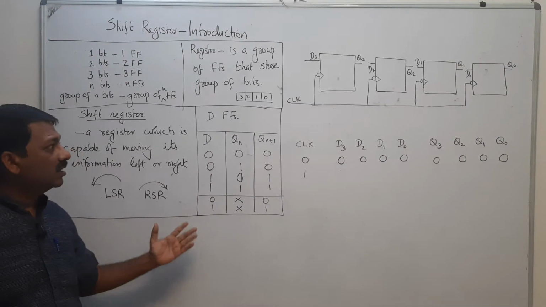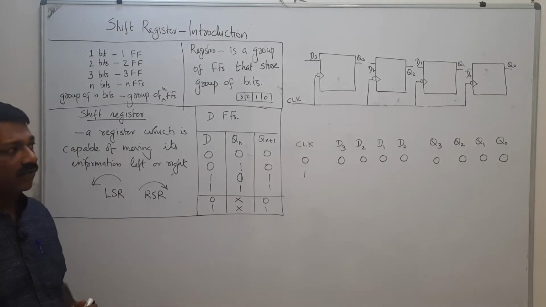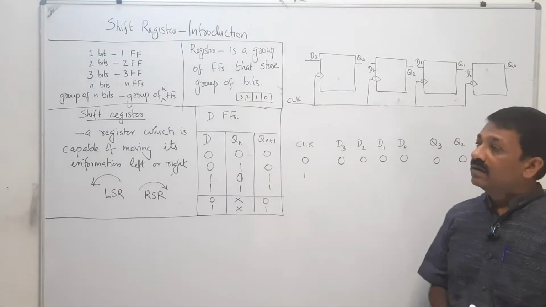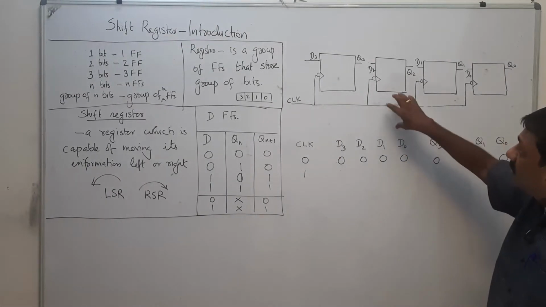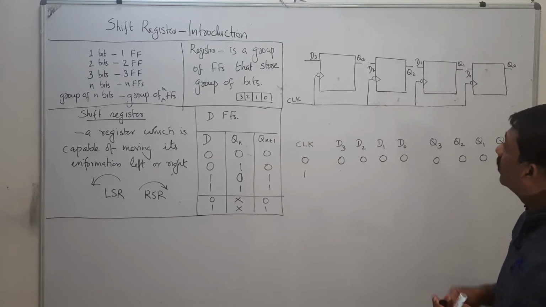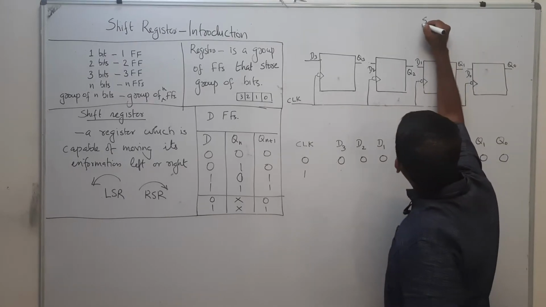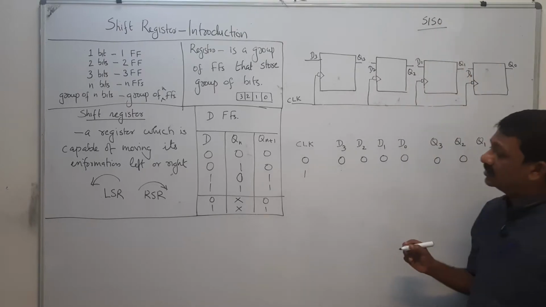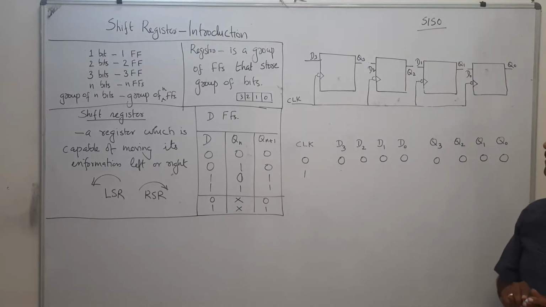Okay, that is regarding D flip flops, and this is an example of a shift register. This is an example of a serial in, serial out shift register, SISO.